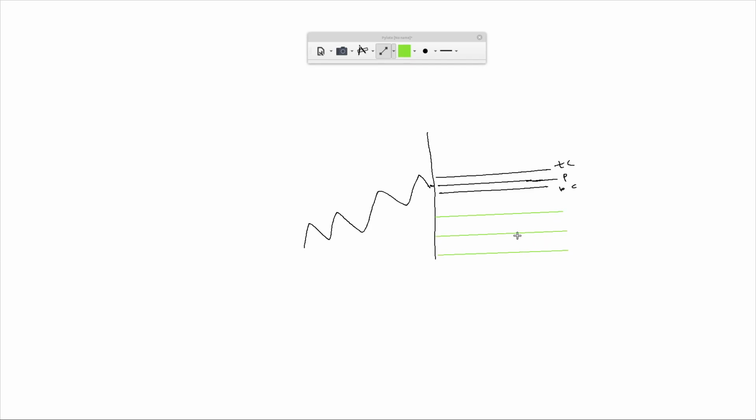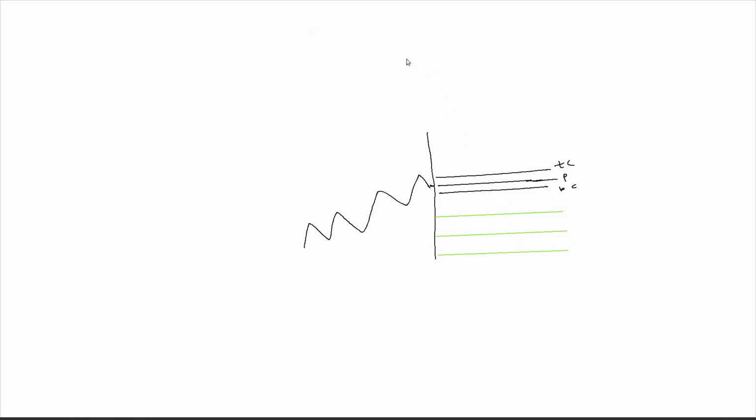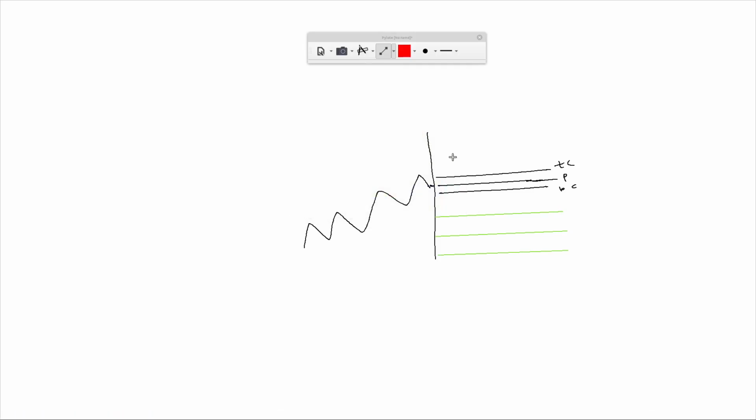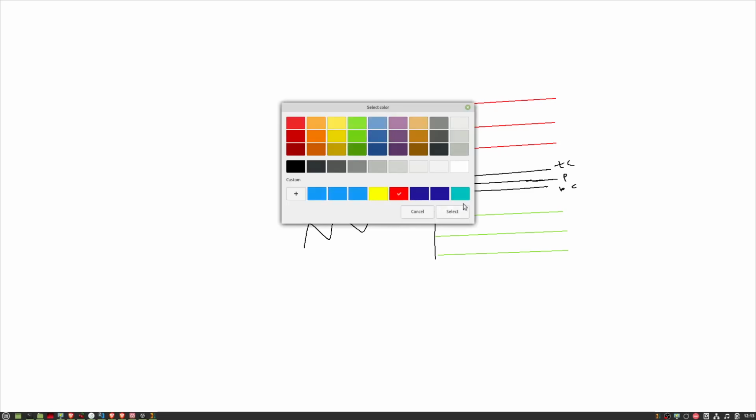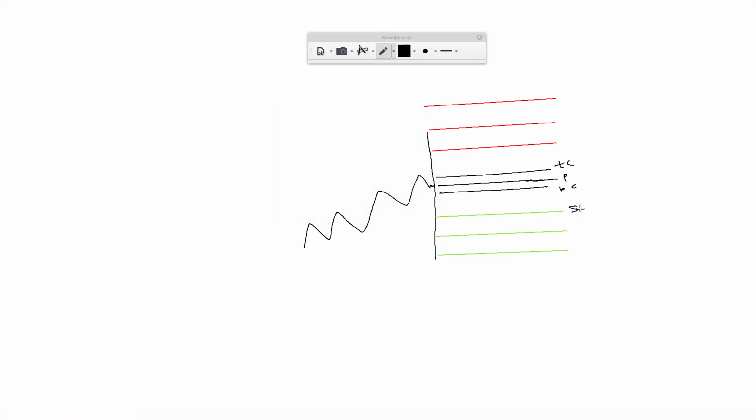We can extend it to S5, but let's just stick with S3, and then resistance 1, resistance 2, and resistance 3. Let me name them: this is S1, S2, S3, R1, R2, R3.